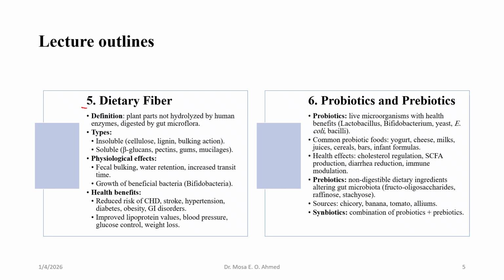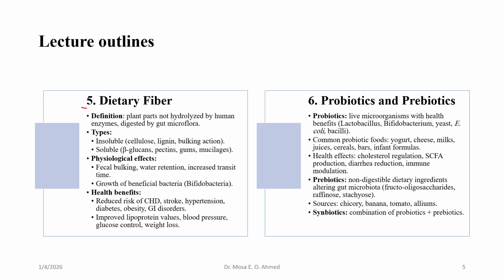Actually, the physiological effects of these two types of fiber work as fecal bulking, water retention, or to increase transit time in the GIT, that is, the evacuation of the bowel. Another important physiological effect of dietary fiber is growth of beneficial bacteria such as bifidobacteria.